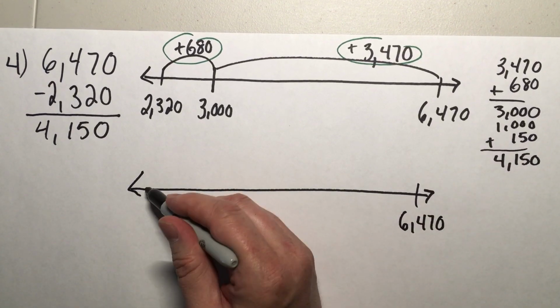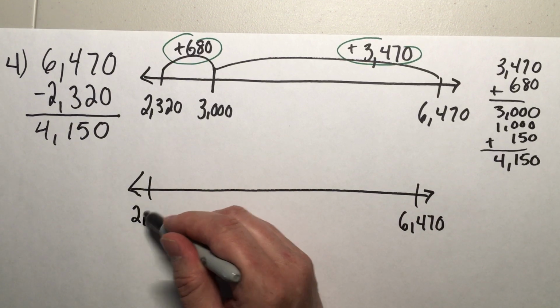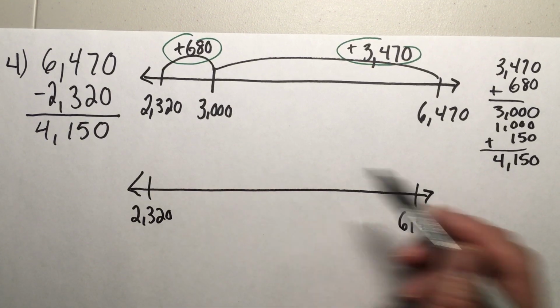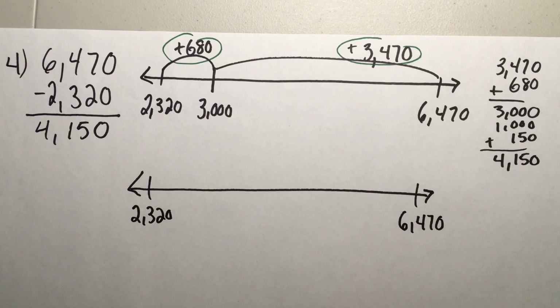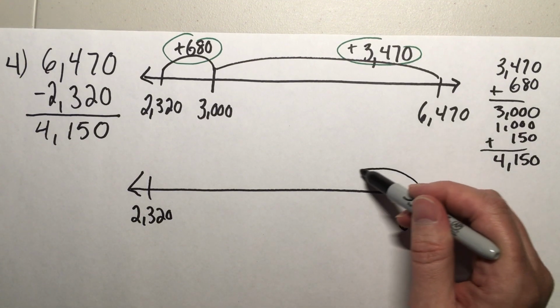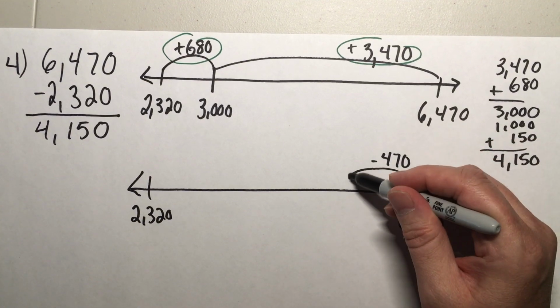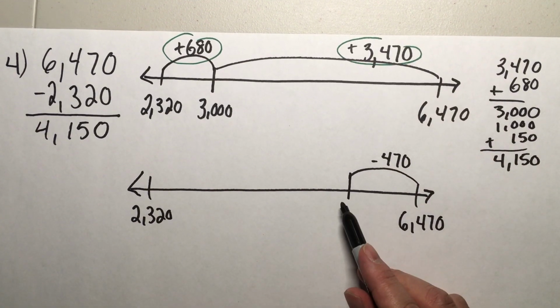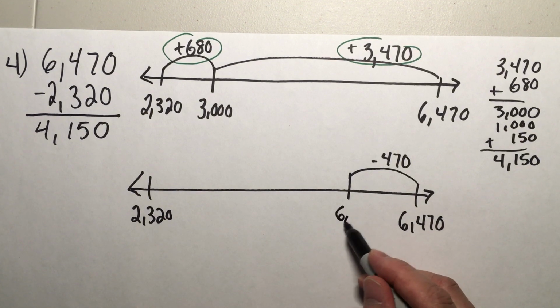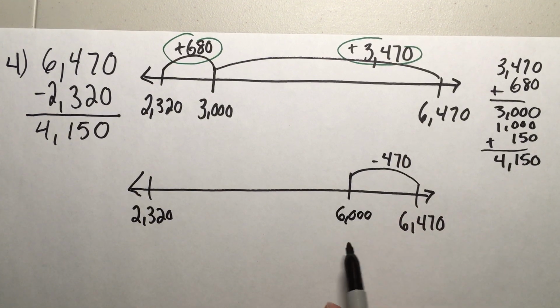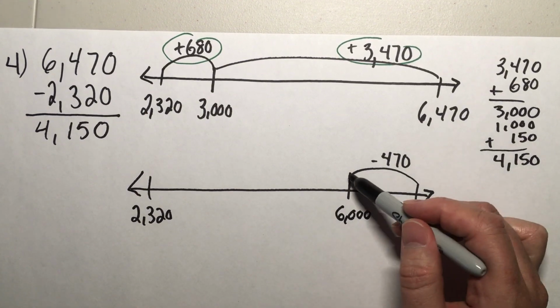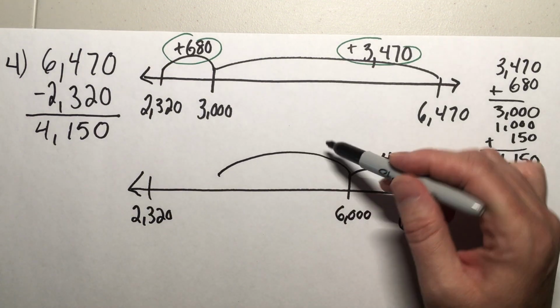6,470, 2,320. Okay, I want to try something a little bit different. I want to take 470 away so I can get to 6,000, right? Then I'm going to want to subtract 3,000 here.